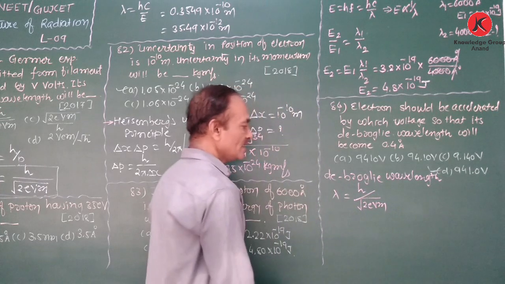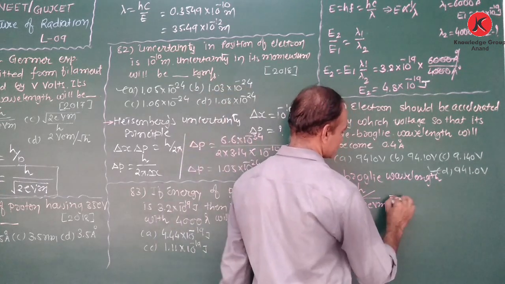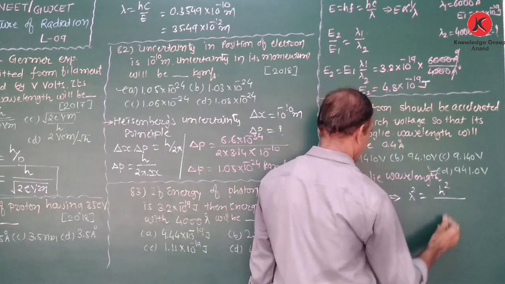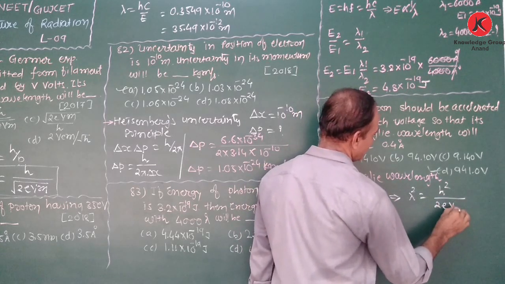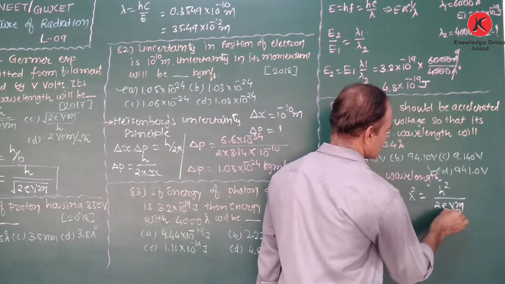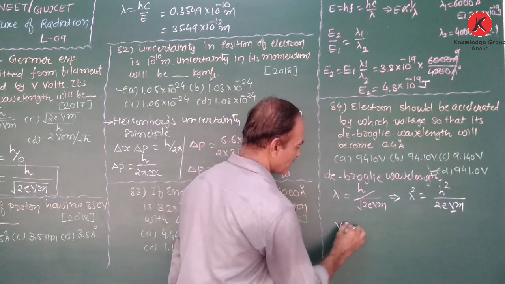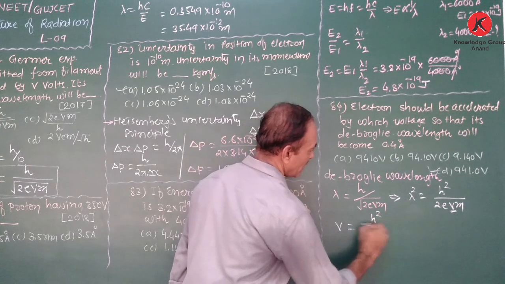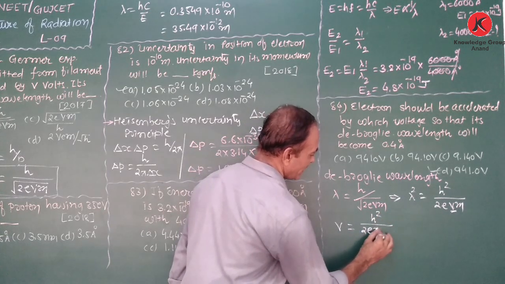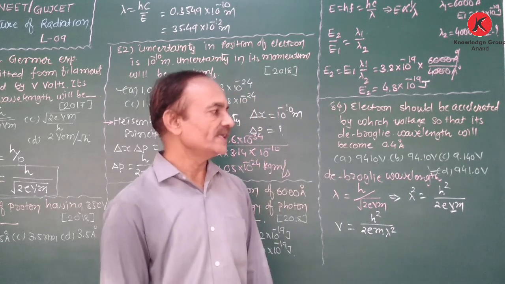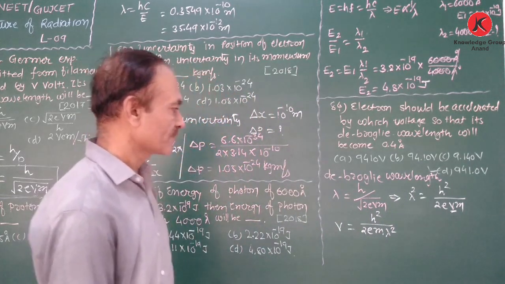Making the square, therefore we obtain lambda square is equal to h square upon 2eVm. We require this voltage. Therefore, V is equal to h square upon 2em lambda square.